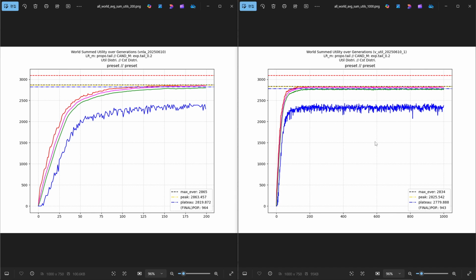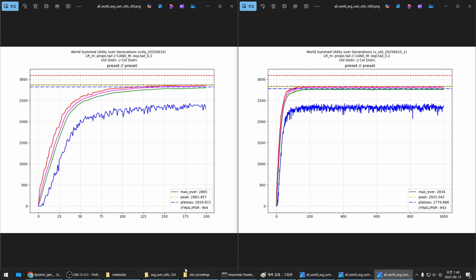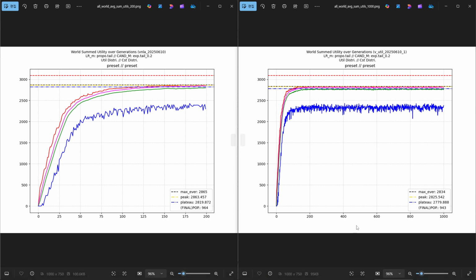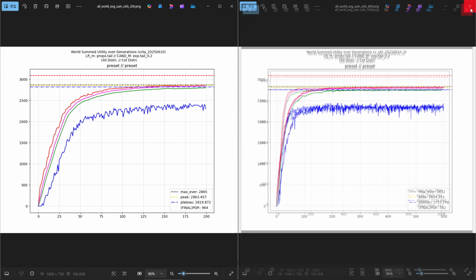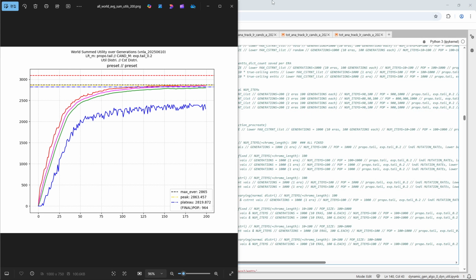So again, the maximum ever is 31 units away from the true ceiling, that is 2865, but we don't know if anything existed because the utility values were fluctuating. They would change every time.